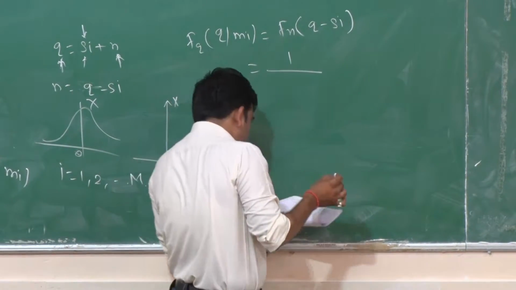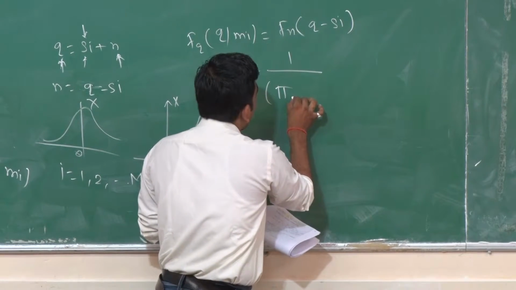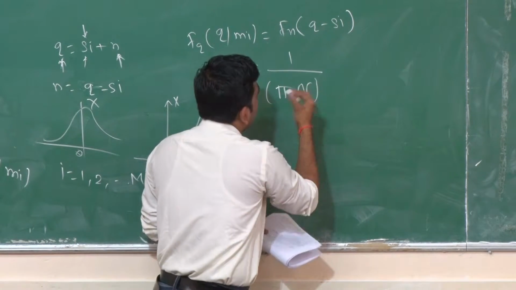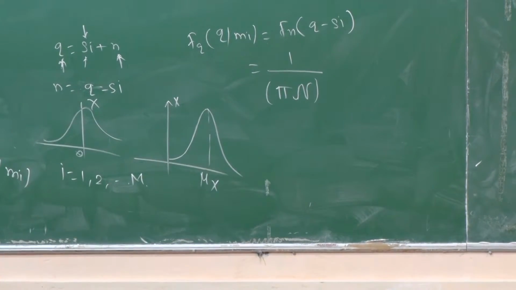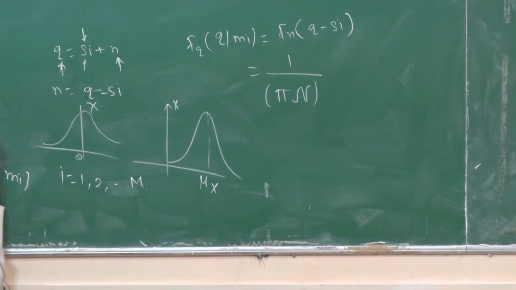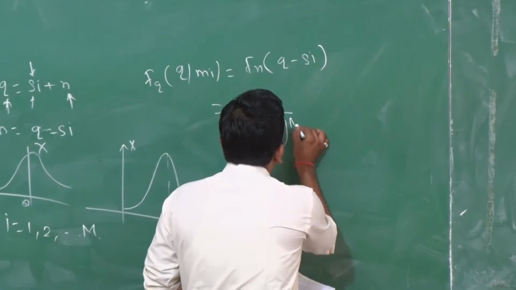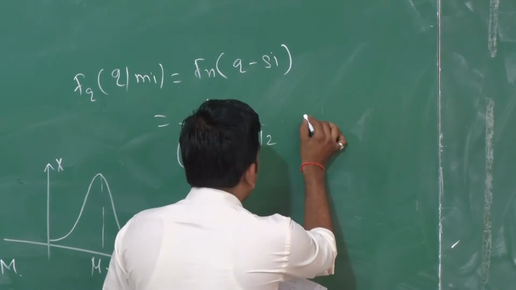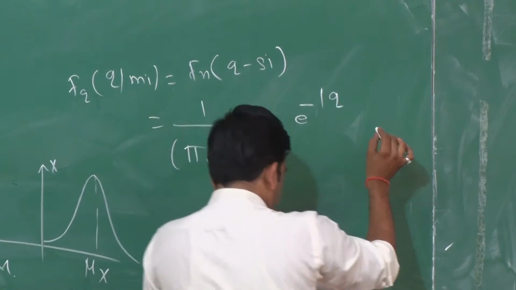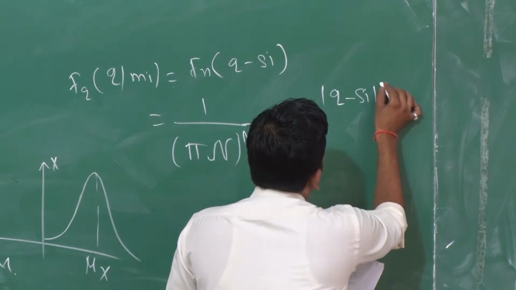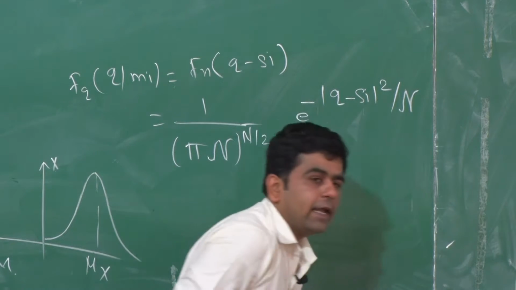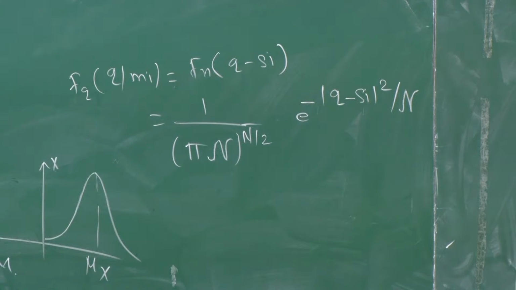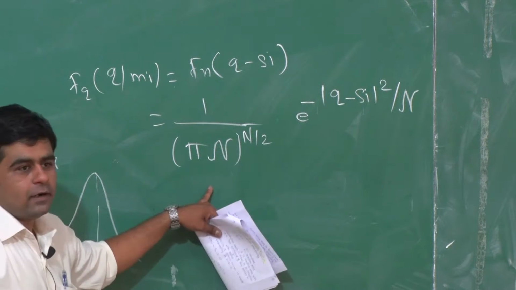This is given as 1 by pi italic N, where italic N stands for the PSD of your noise, raised to capital N by 2, into e raised to minus q minus si square divided by italic N. Is it clear?